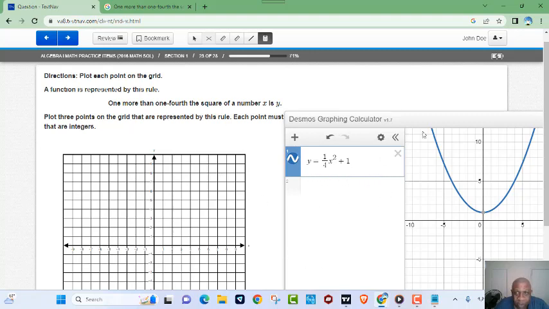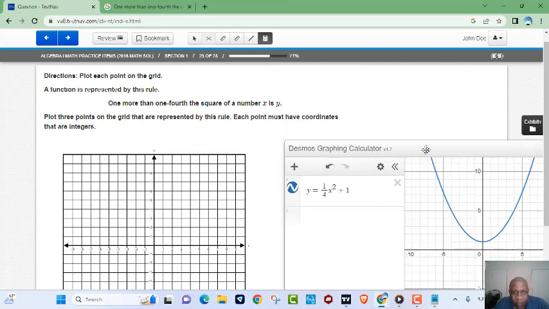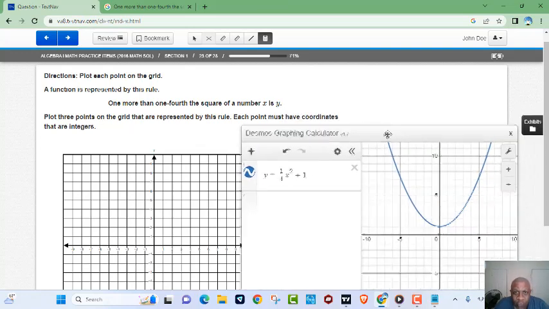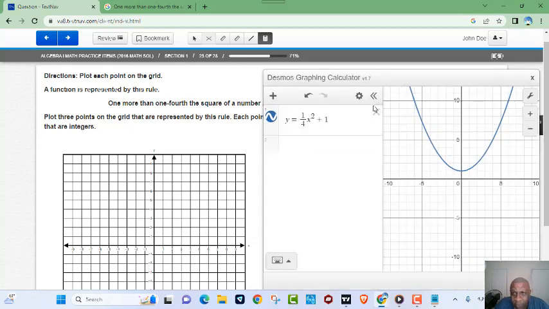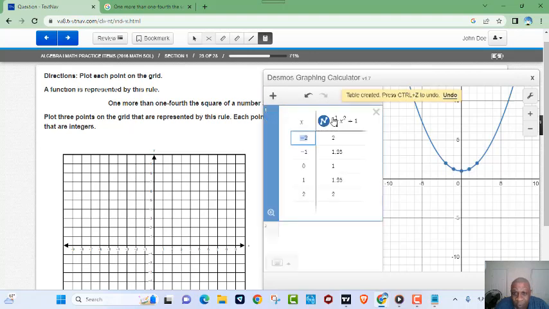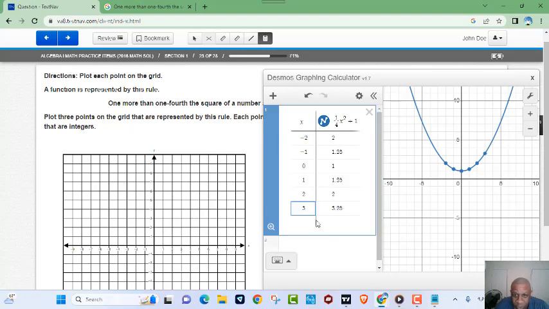Now, it says plot 3 points on the grid that are represented by this rule. Each point must have coordinates that are integers. All right, so in order to find those, we'll just go to the gear icon and we'll hit the table icon. So here we have (0, 1), (2, 2), (-2, 2). Let's see what happens if we put in 3. Nothing.